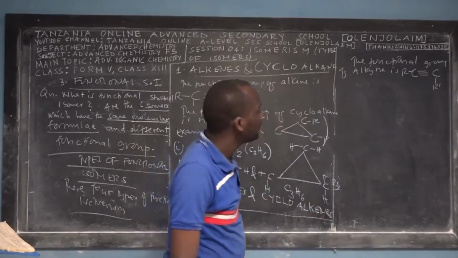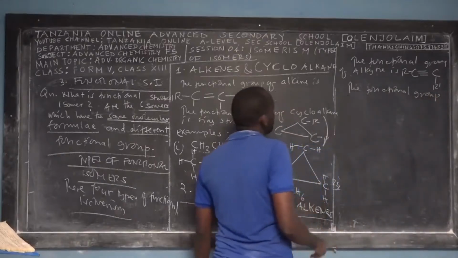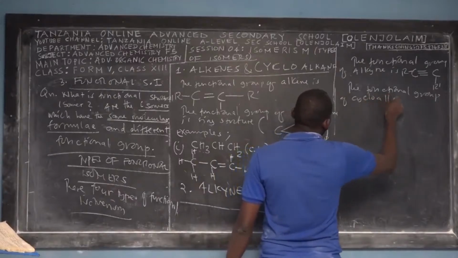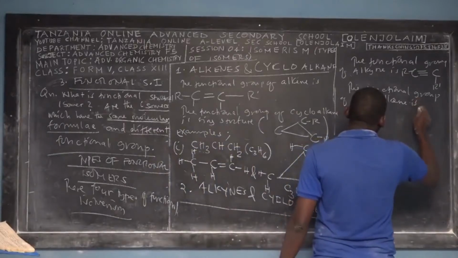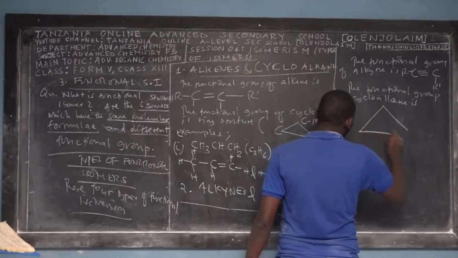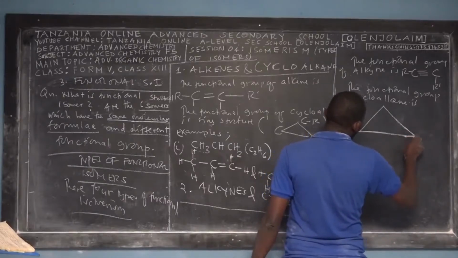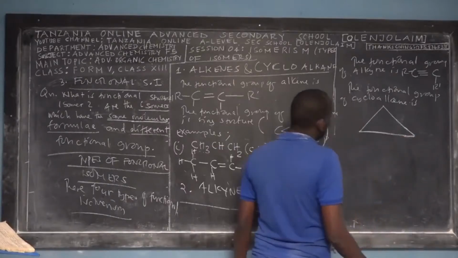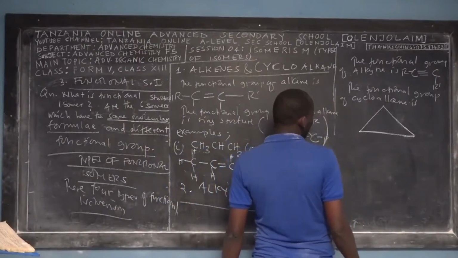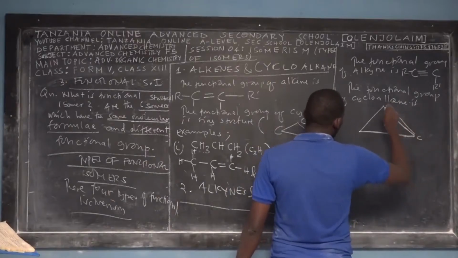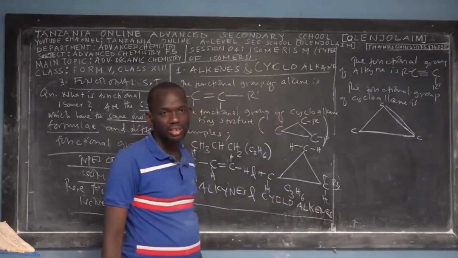The functional group of cycloalkenes is this ring, with at least one double bond.